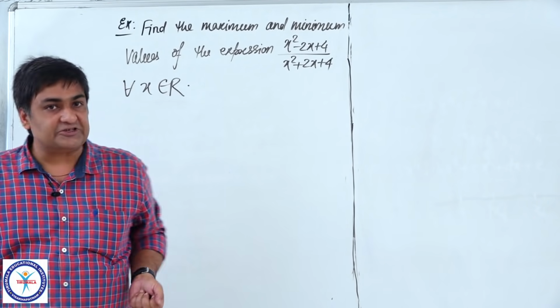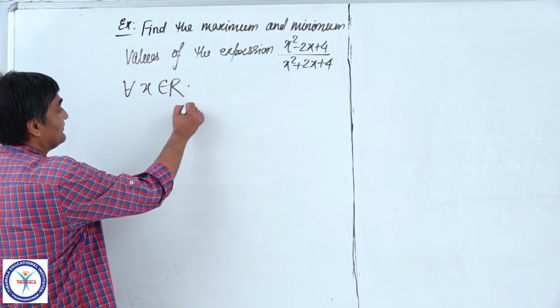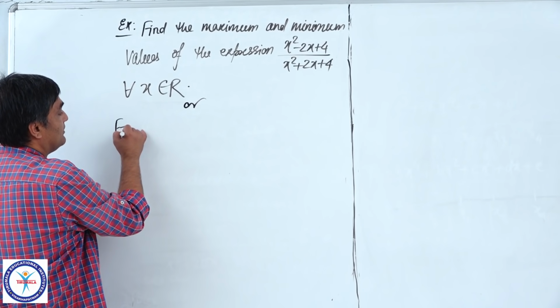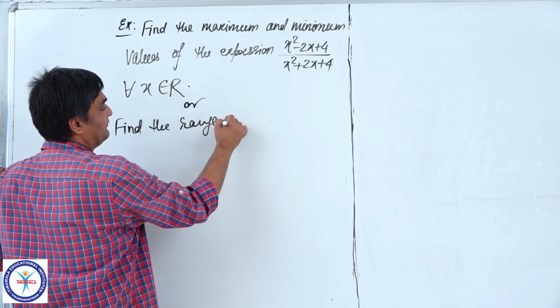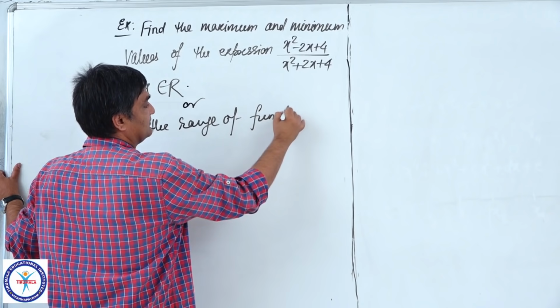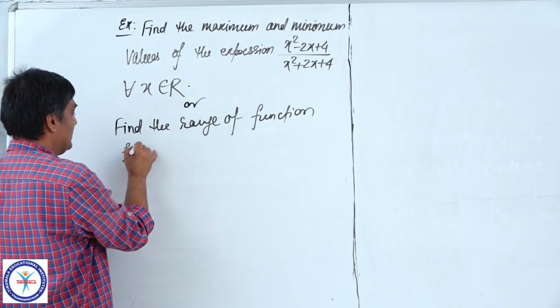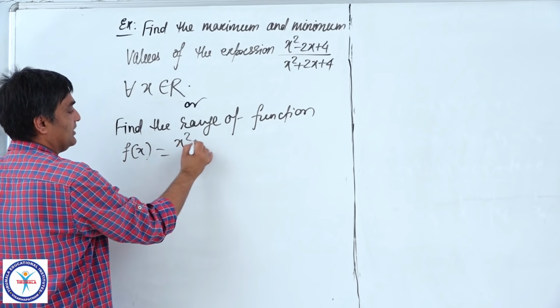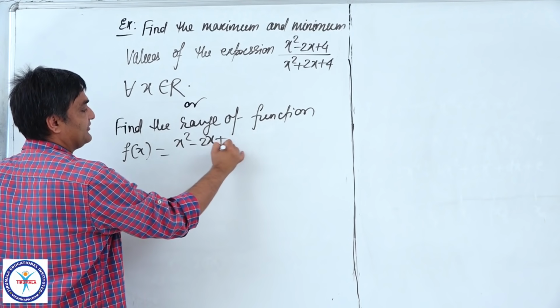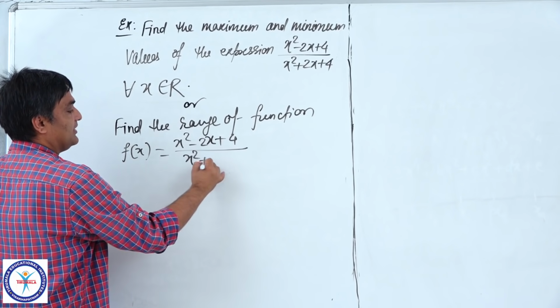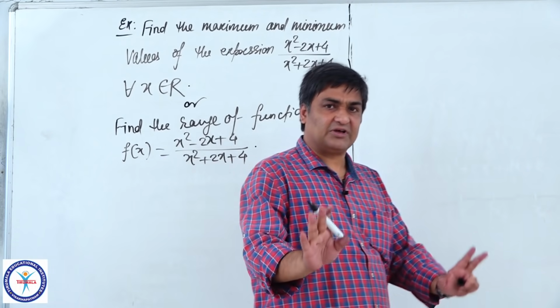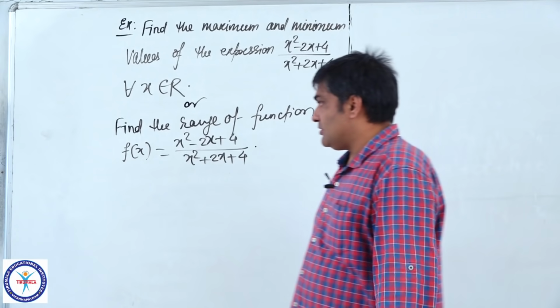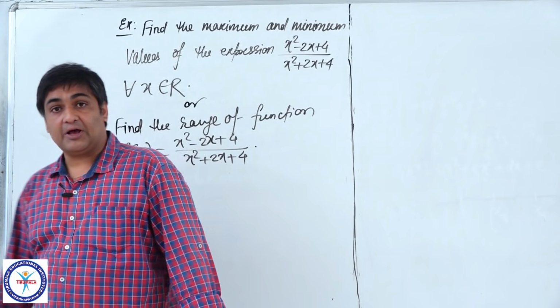Or this question can also be written as: find the range of the function f of x equal to x square minus 2x plus 4 by x square plus 2x plus 4. Both are similar. Now see the approach.